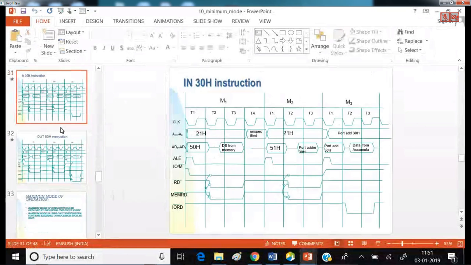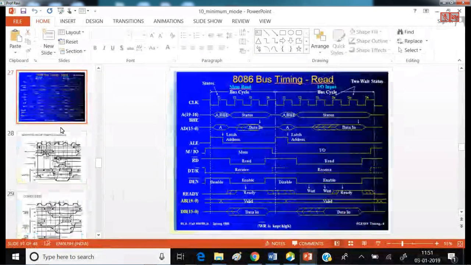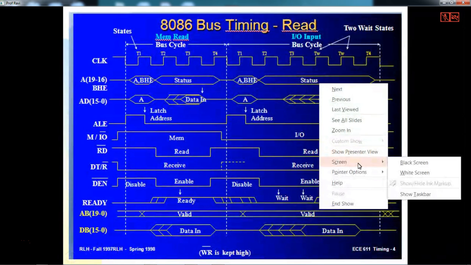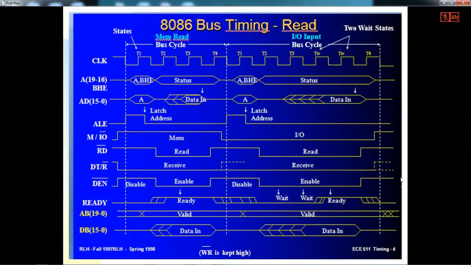When we look at the minimum mode of operation, here T1, T2, T3 and T4, if the memory is slow, then the processor places additional clock cycles, wait cycles. Until the data is ready on the data bus, it introduces wait cycles.